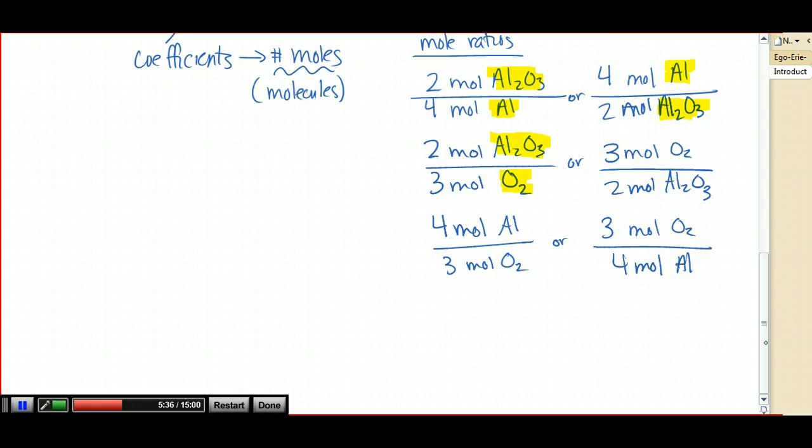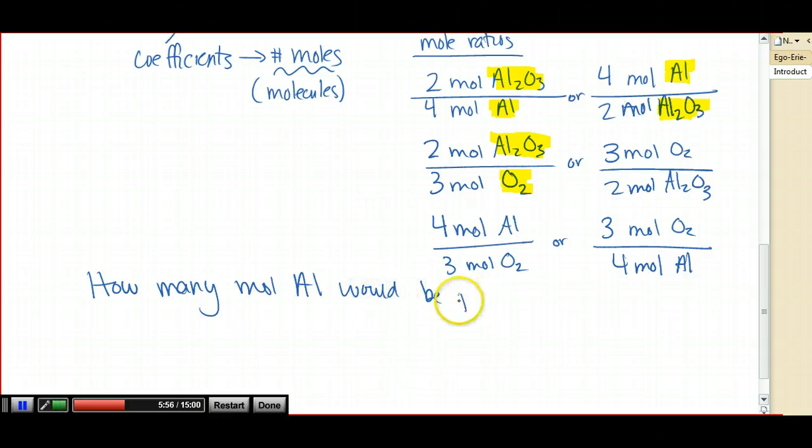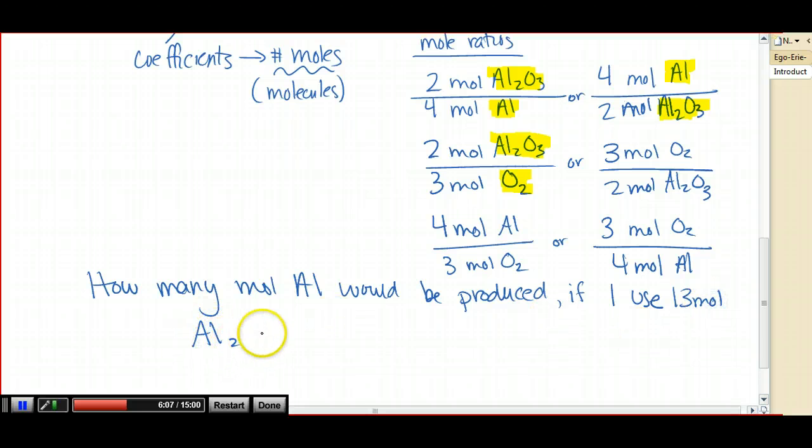Okay, so let's say that I wanted to figure out how many moles of aluminum would be produced from the reaction I had above if I used 13 moles of aluminum oxide.